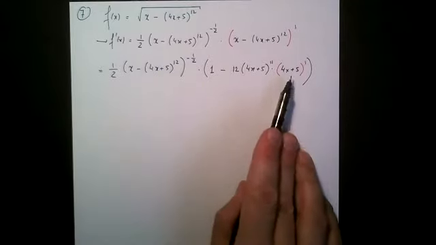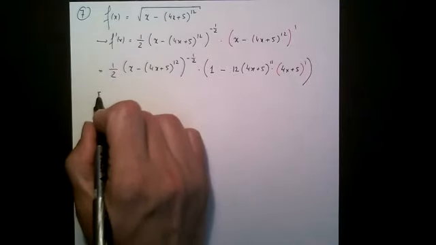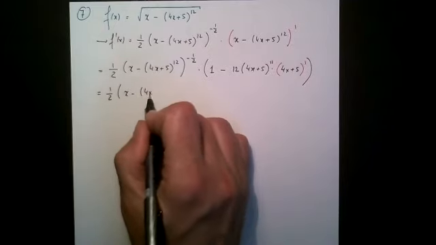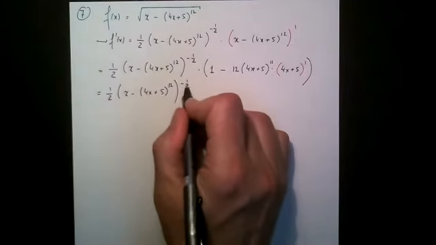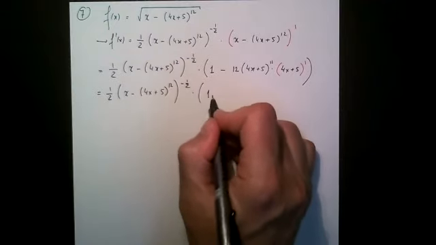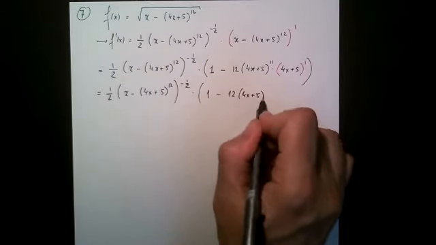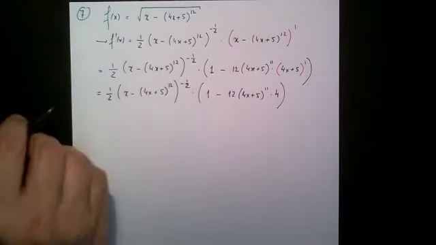That's the last piece that I'm missing. So the answer is 1/2 times (x minus (4x plus 5)^12) to the power of negative 1/2, times (1 minus 12 times (4x plus 5)^11 times 4), and that's my answer.